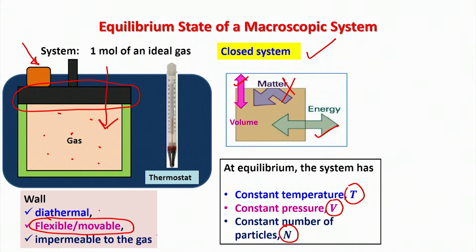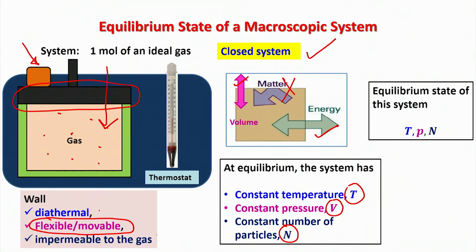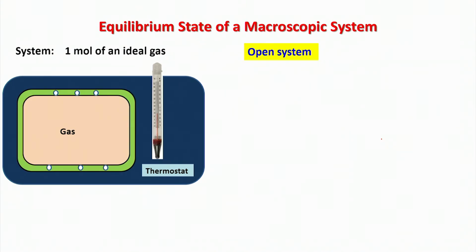I would say then the equilibrium state of this system will be characterized in terms of three variables like T, P, and N. So this way, different experimental conditions can be represented in terms of three variables and three variables only.